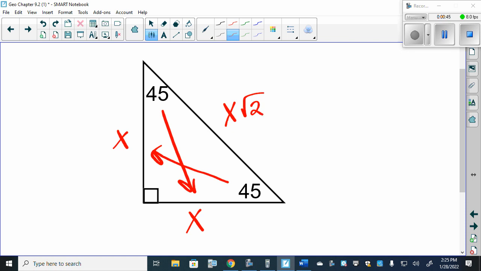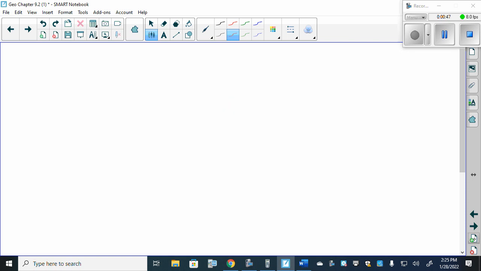So there were two main situations that we came across. The first is that we are given a 45, 45, 90 triangle, and we are told the length of one of the sides. And we wanted to find the other side and the hypotenuse. Now, the two sides opposite the 45 degrees were the same.